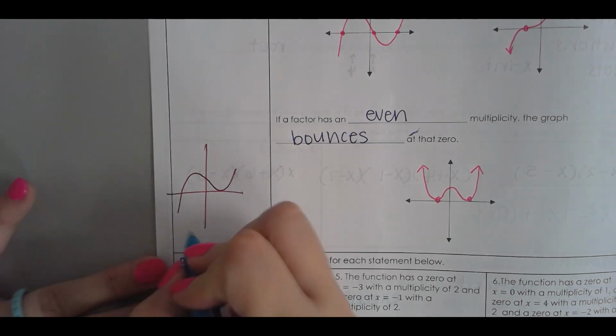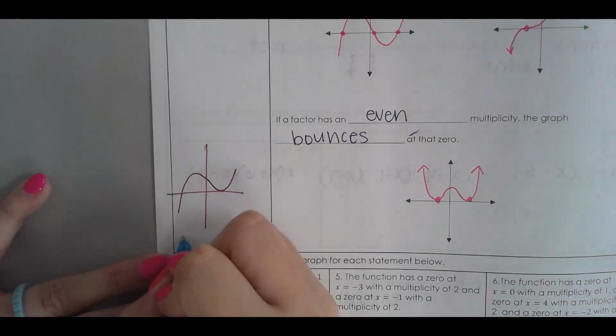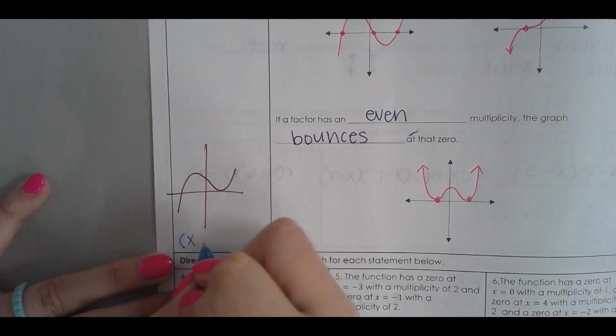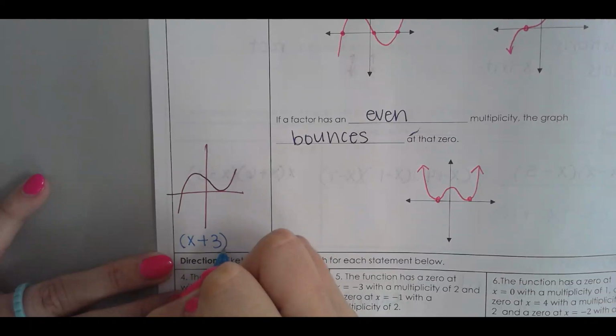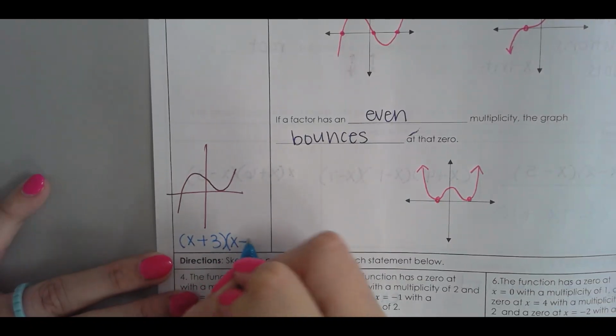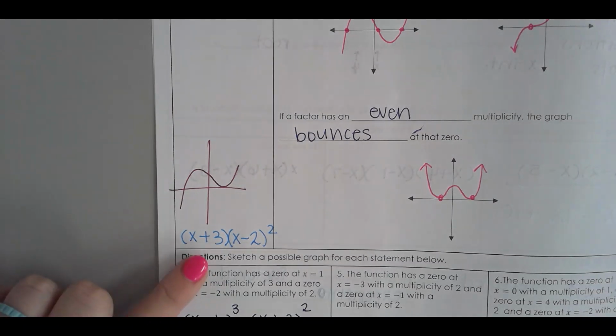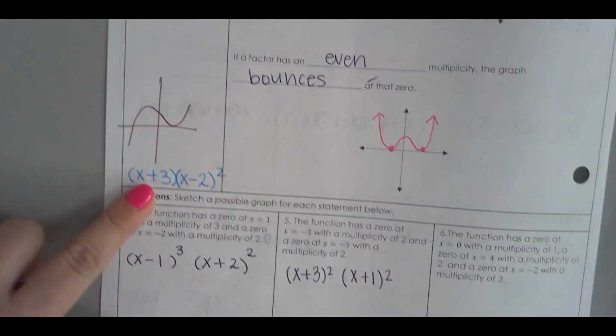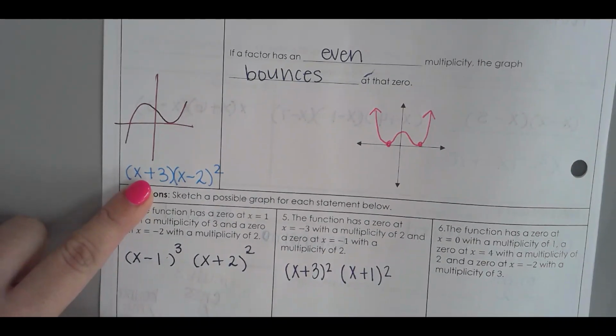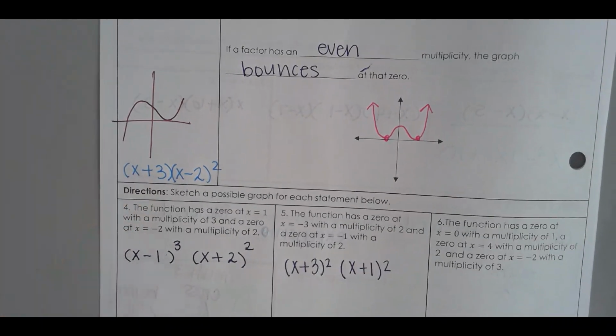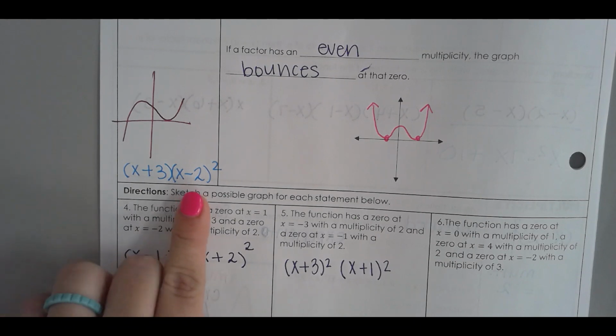So your right answer would be something like this. X plus 3, x minus 2 squared. So this right here would tell me that I have an x-intercept at -3 and it crossed through. That looks like it could be -3. That seems reasonable. And an x-intercept at +2, but it bounced.